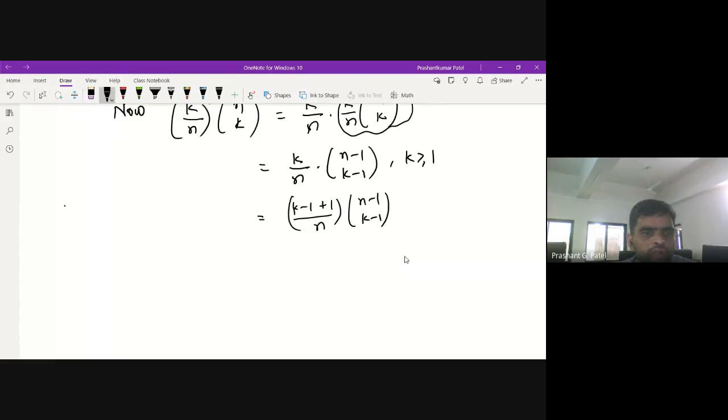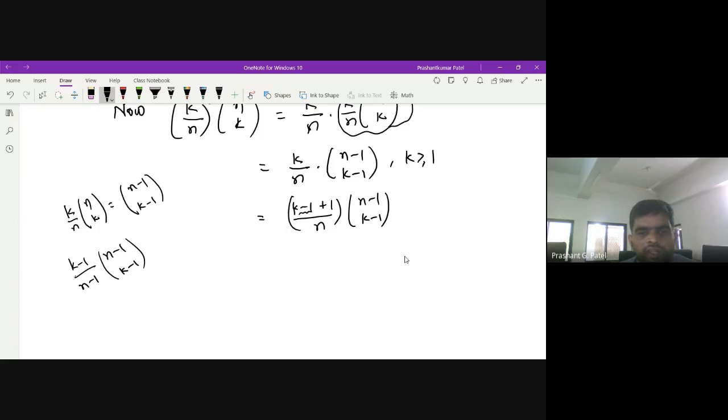So actually what we have is k by n nCk equals n minus 1 C k minus 1. Ultimately I want to express this with k minus 1 instead of k, and n minus 1 instead of n.